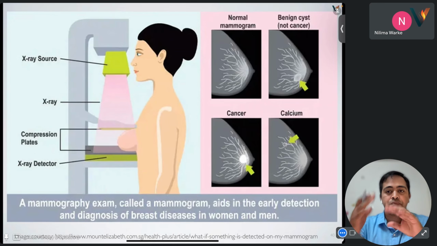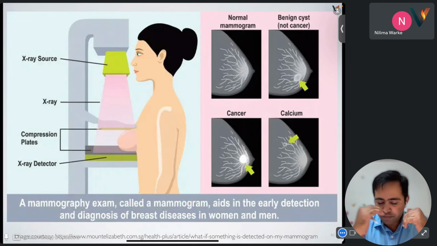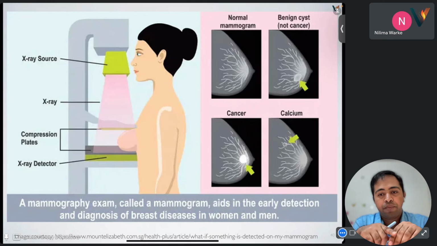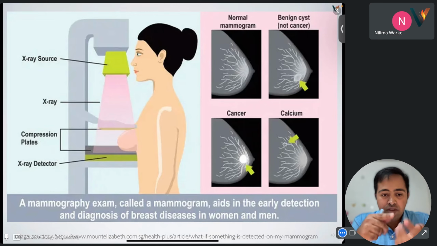So the tissue is pressed, and then X-ray is used to image that. But it has some problems. X-ray has some limitations. X-ray has some resolution limit, so we cannot get a very perfect image.